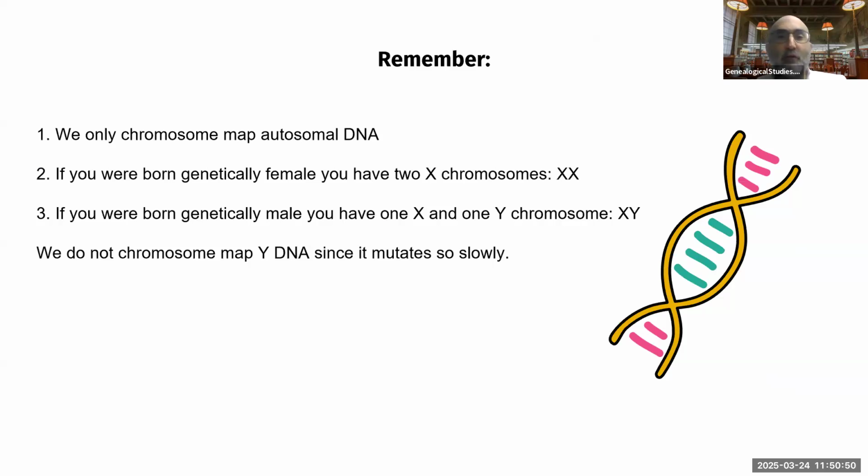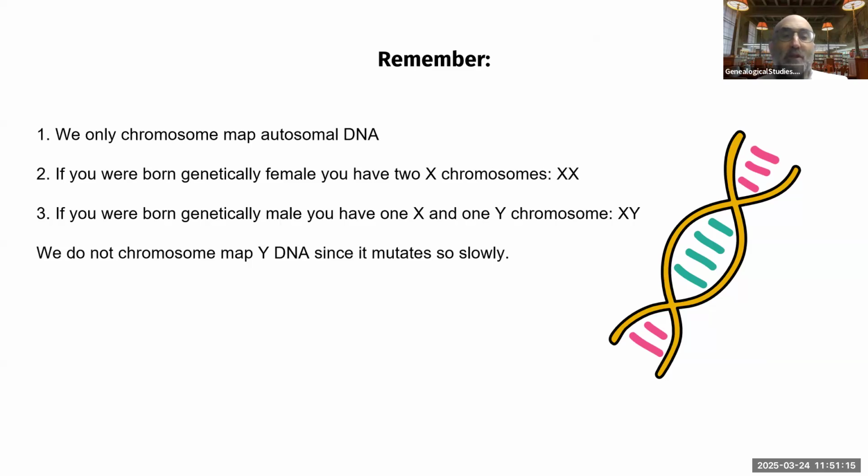So there's a couple of things to remember before we get started. One, we only chromosome map autosomal DNA. That's the DNA you inherit from both your parents, going back several generations. If you were born genetically female, you have two X chromosomes. If you were born genetically male, you have one X and one Y chromosome.